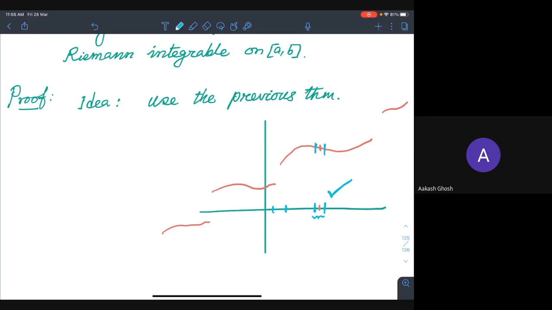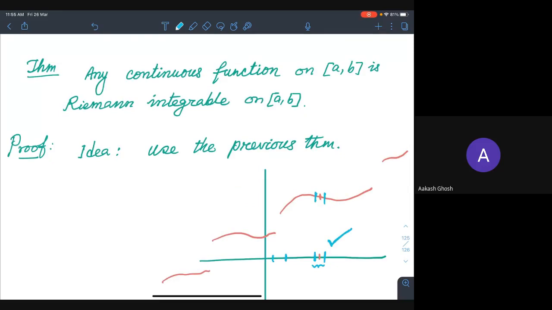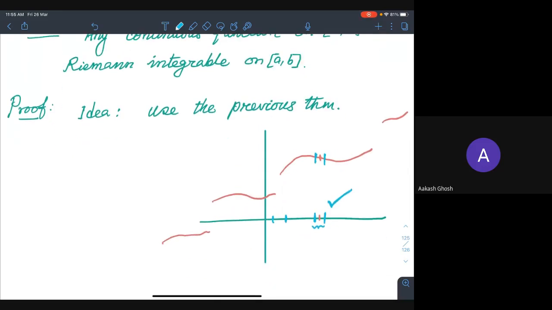What does it mean for the function now? Do you see? If you consider the length of the partition to be delta, then in the delta neighborhood, the functional value remains close, right? I mean, in a small epsilon neighborhood.